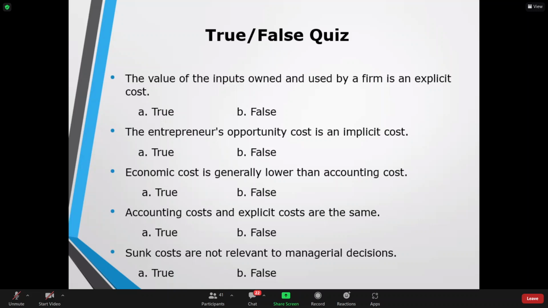For that, we consider how much is to be incurred, and based on that, we decide whether to go ahead with the project or not. So whatever is foregone is not considered for the managerial decision. So not relevant, true, yes.